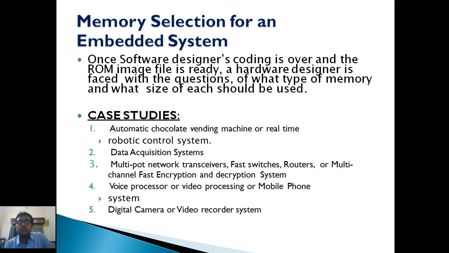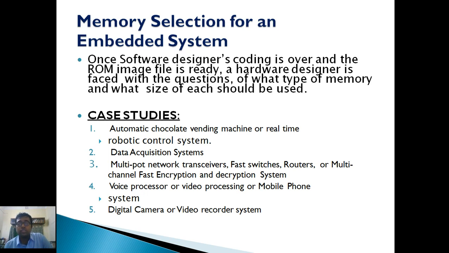Now, memory selection for an embedded system. Once the software designer's coding is over and the ROM image file is ready, a hardware designer is faced with the question of what type of memory and what size of each should be used. If we have a digital camera, then we need a flash ROM.